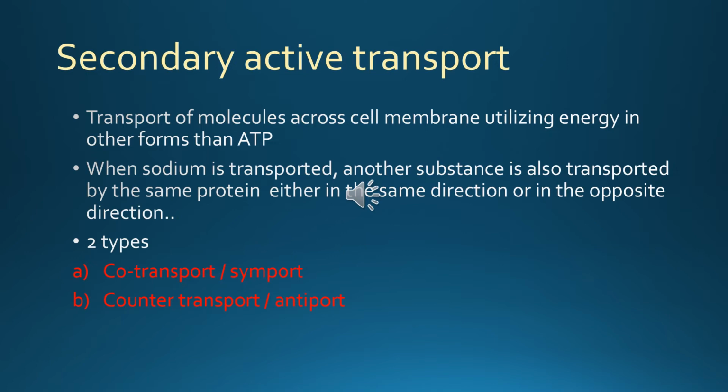So when the sodium ion is transported by means of a carrier protein, another substance is also transported by the same carrier protein. It can happen either in the same direction or in the opposite direction. If it's in the same direction, it is called a co-transport, and if it is in the opposite direction, it is called a counter-transport.